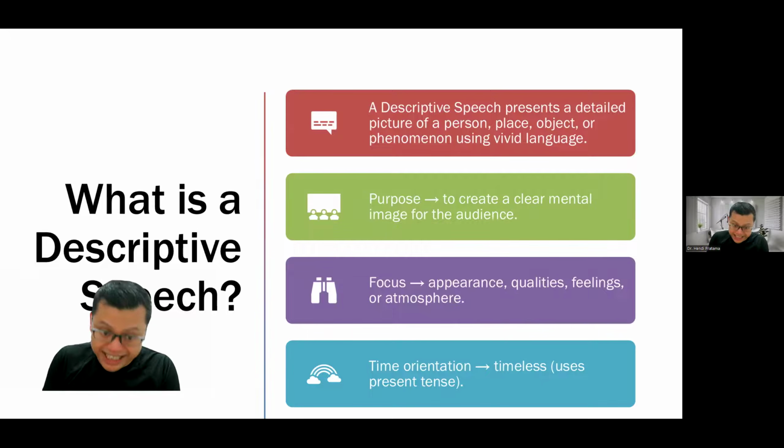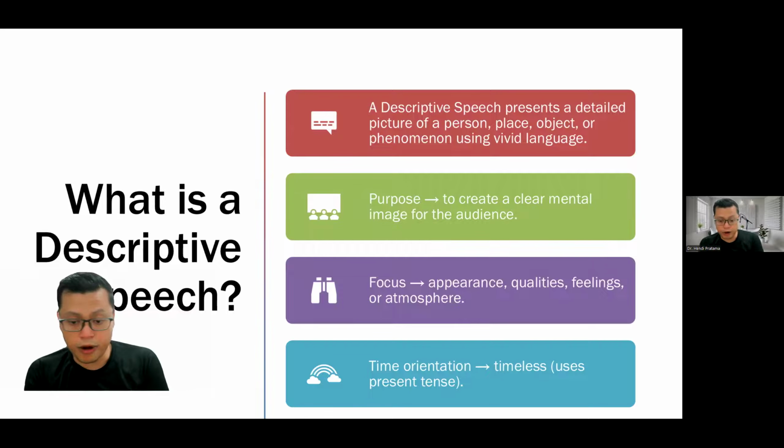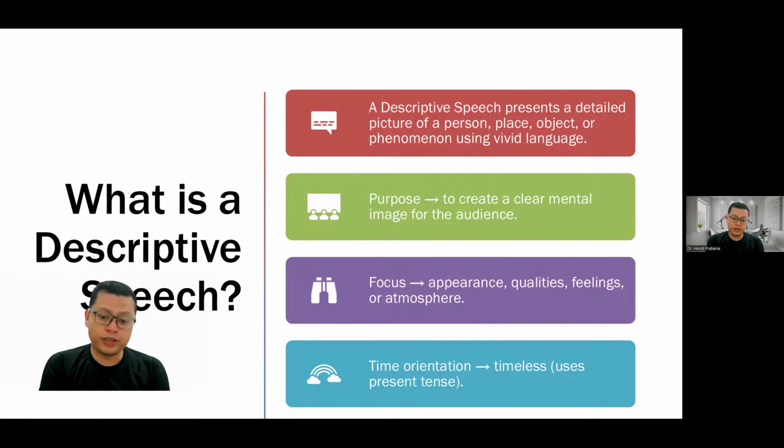So you have to focus on the qualities, the feelings, or the atmosphere of the thing that you describe. And of course, using the time orientation, not like recount in the first part of our semester, that used past tense, but now descriptive speech is more like a report, using timeless or present tense.